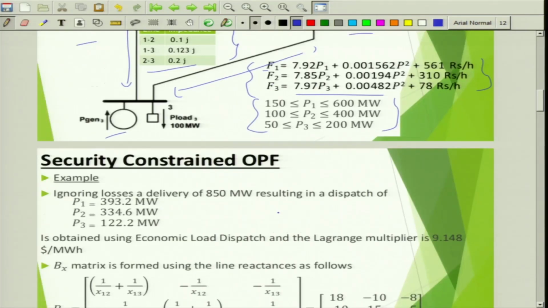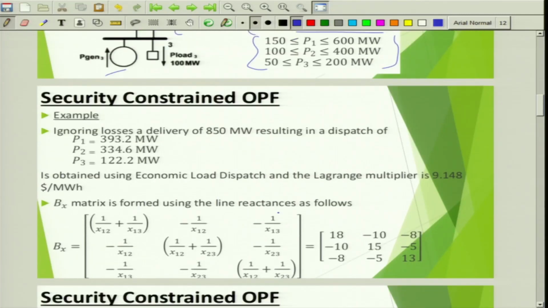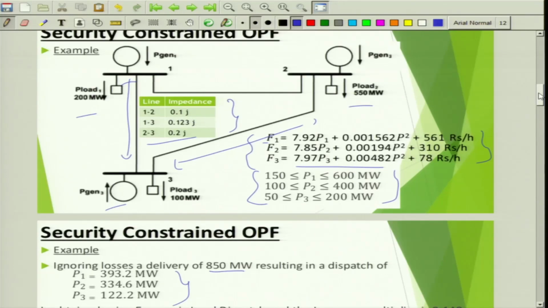Now, ignoring losses, use the Lagrange multiplier to solve them. It is a very straightforward problem: to deliver a total load of 850 megawatt. So, you see here I am speaking with respect to the whole system. There is 200 megawatt of load connected at bus number 1, 550 at bus number 2 and 100 at bus number 3.